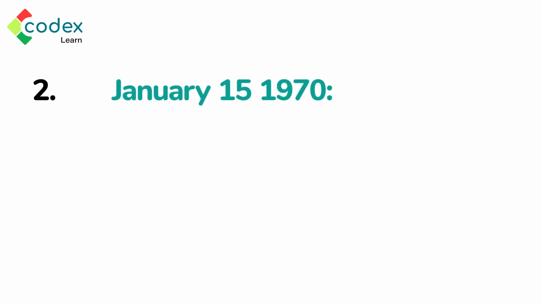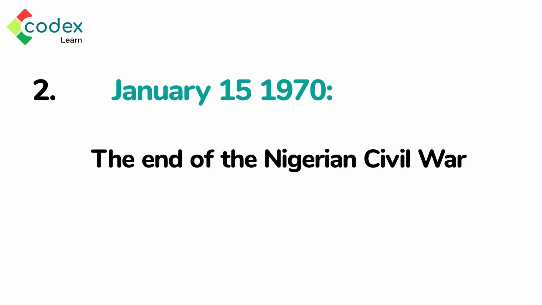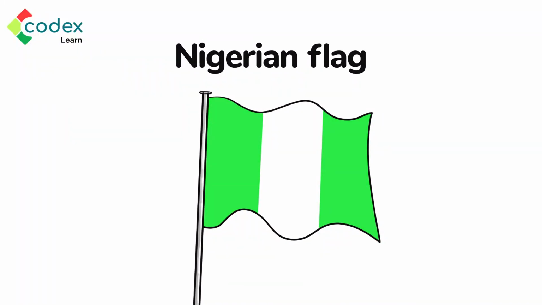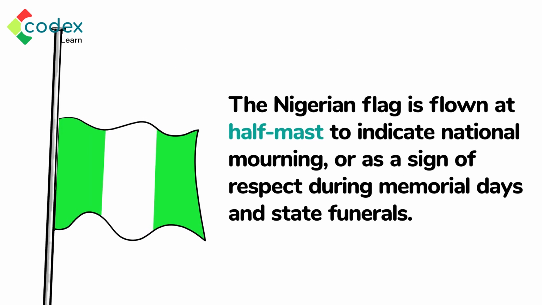January 15th, 1970, the end of the Nigerian Civil War. Next, about the Nigerian flag. The Nigerian flag is flown at half-mast to indicate national mourning or as a sign of respect during the Memorial Days and state funerals.